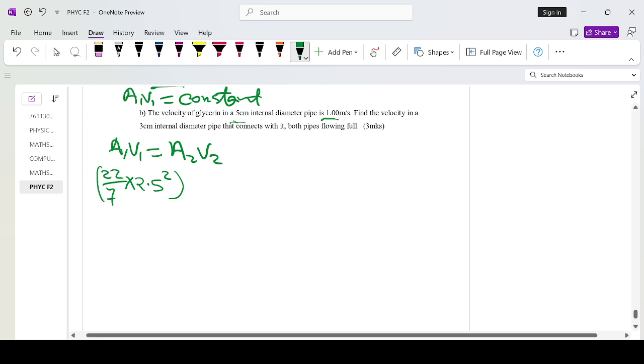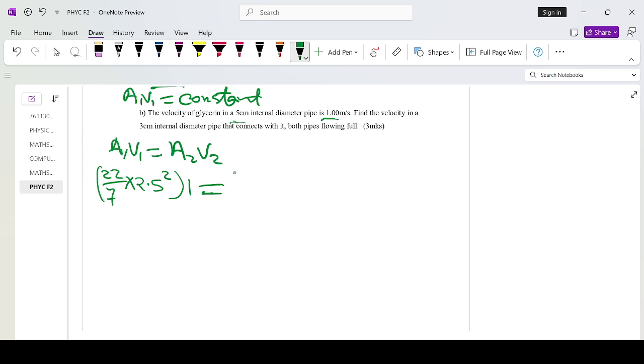1 should be equal to area 2. What is area 2? Find the velocity in a 3 centimeter internal.